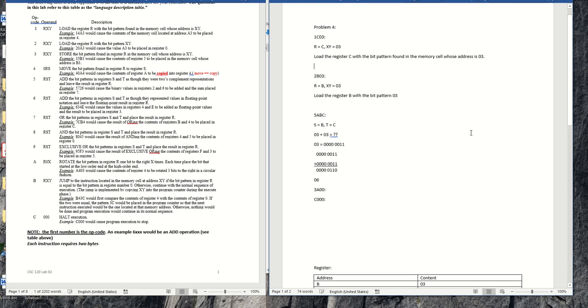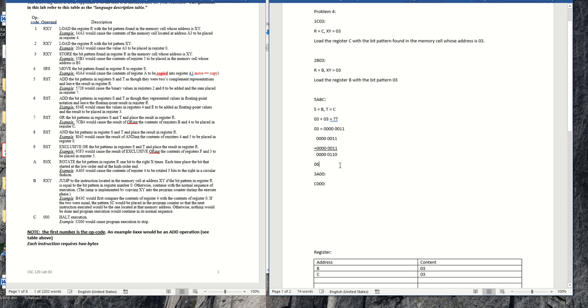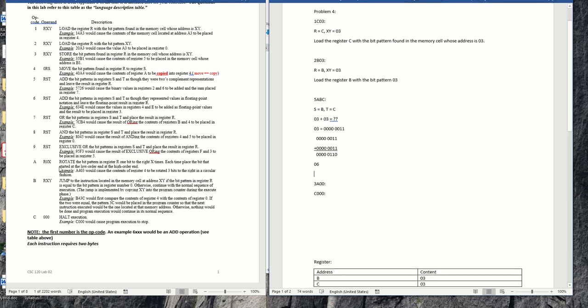Let me add some spacing here. Okay, and so we're still not finished because the instruction said to add the bit patterns. Well, we added them, we got the result. But then it also says to leave the result in register R, and register R is, for us, A. Because A is the second value in this instruction, and R is the second value.